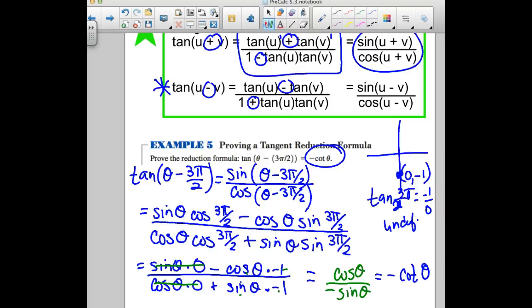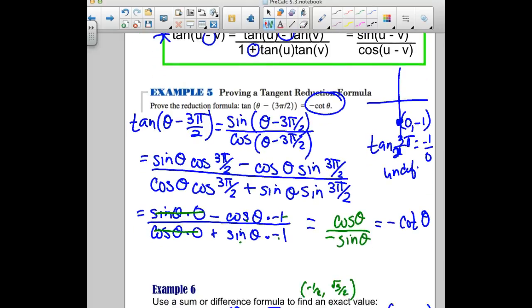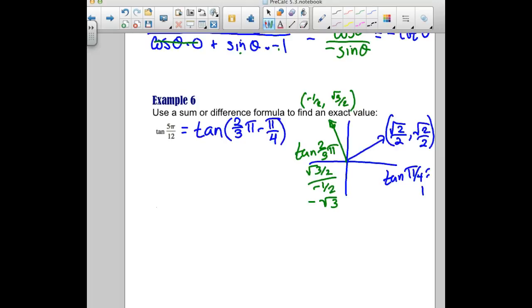The tangent of u minus v is the tangent of u minus the tangent of v divided by 1 plus the product of them. All right, so let's fill in our angles. So this is going to be the tangent of 2/3 pi minus the tangent of pi over 4 divided by 1 plus the product of those.